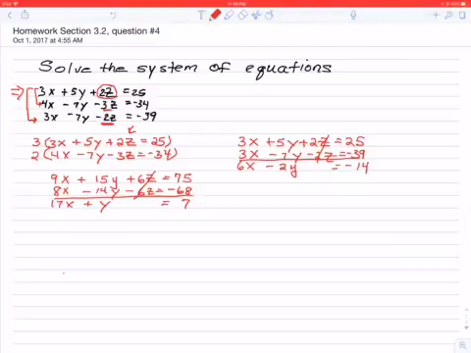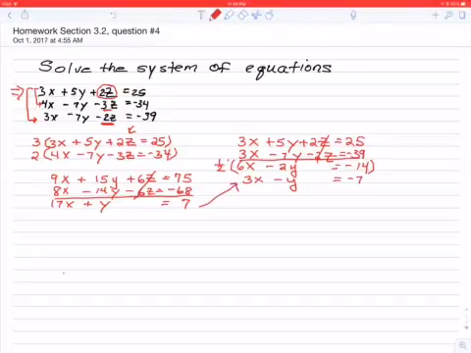Now, I'll notice that each of the terms in this new equation is divisible by 2. So I'm going to do just that, divide each term by 2 to simplify it. Or equivalently, multiply it by 1/2. So what I'll get is 3x minus y equals negative 7.